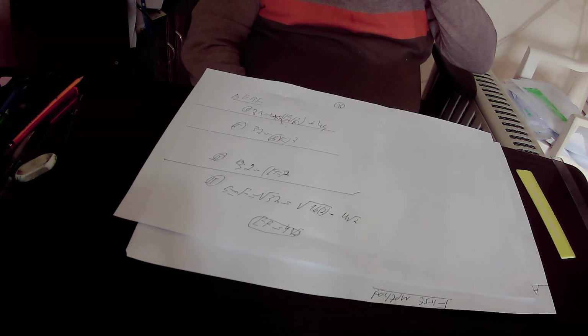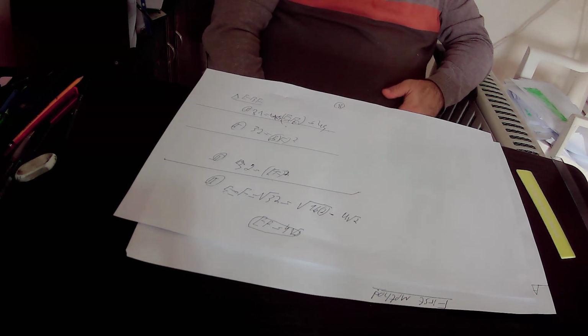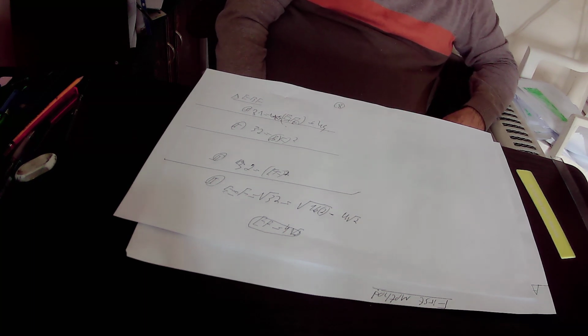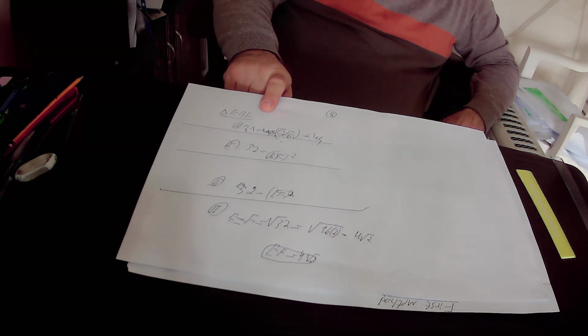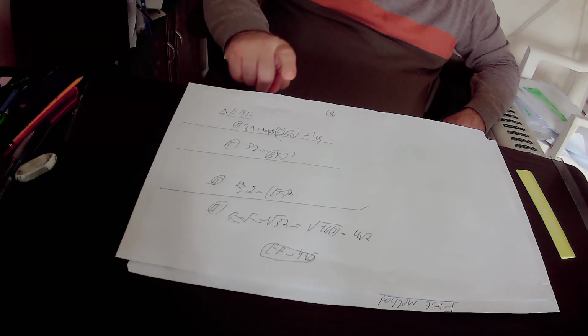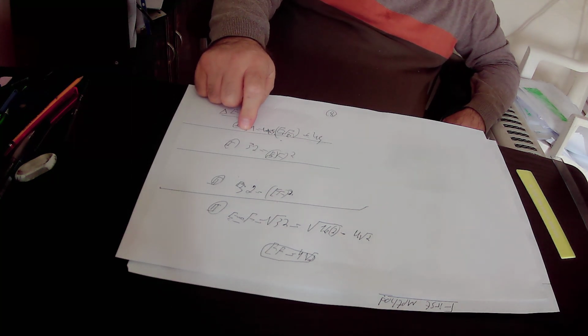EB is 7, so EB squared is 7 squared, which is 49. We subtracted 49 from equation number 1, and we got that EF squared equals 81 minus 49, which is 32.